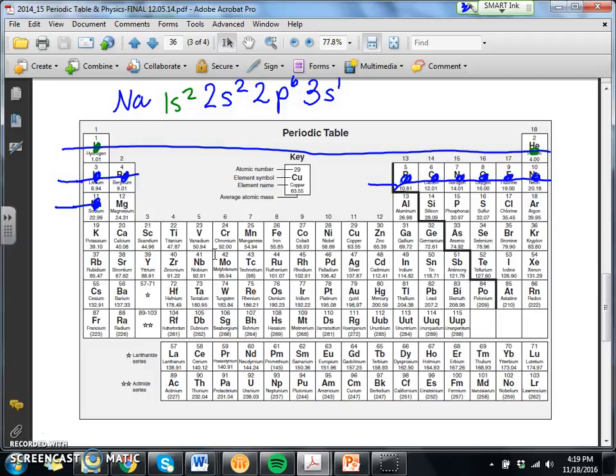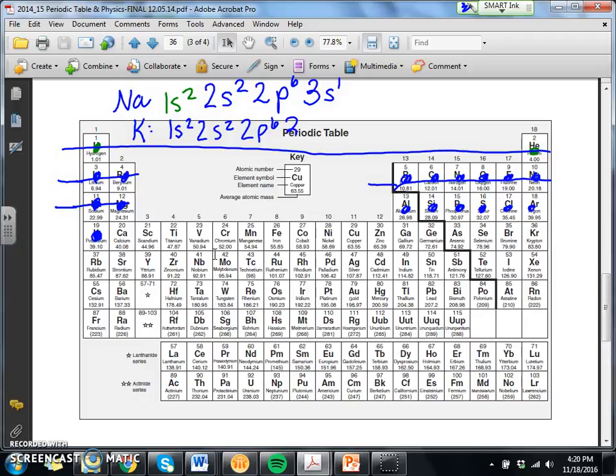Now, if I were to keep going, what if I wanted to know the electron configuration for potassium, which is K? Potassium would need to add several more electrons, several more dots, and I would keep going. It would be the exact same as sodium for the first part, but instead of 3s1, I now have filled in my second dot.